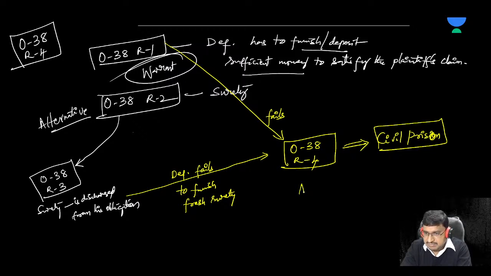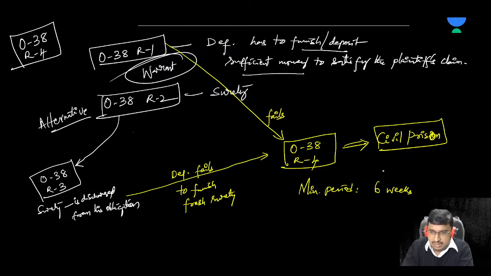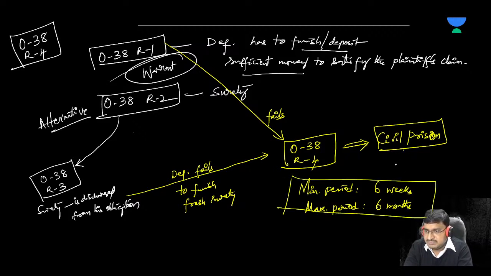The minimum period is 6 weeks, friends, and the maximum period is 6 months, friends. Minimum 6 weeks, maximum 6 months.